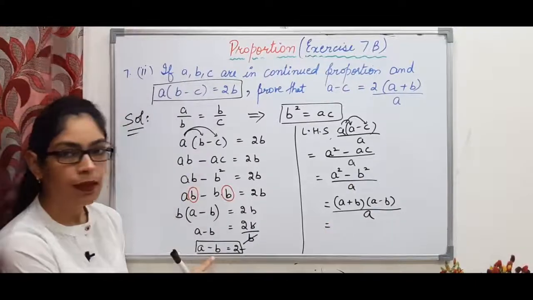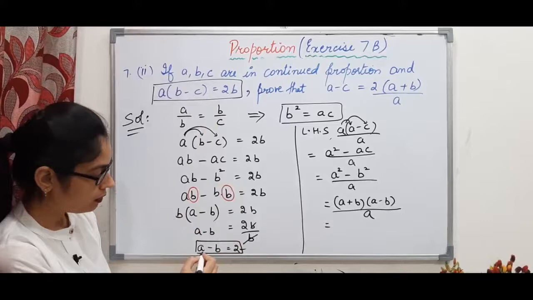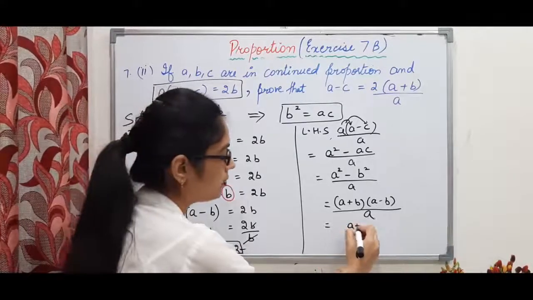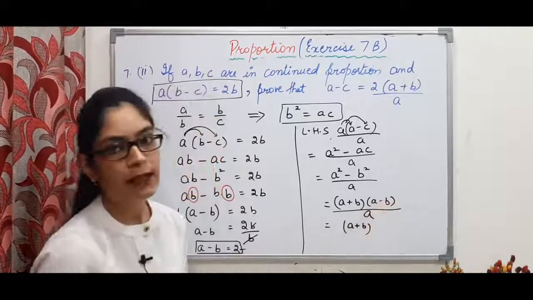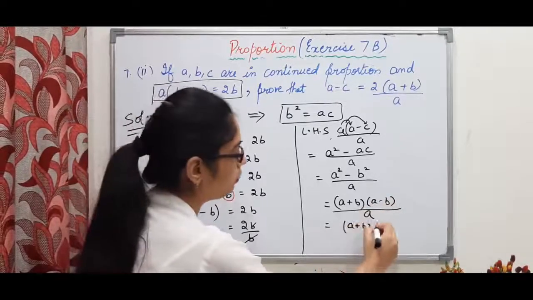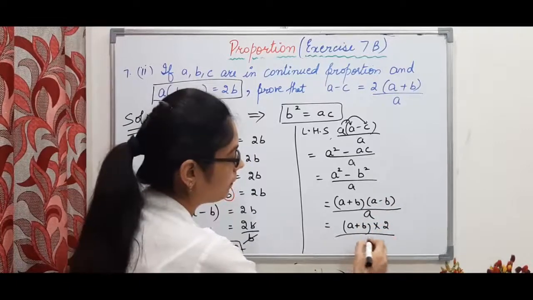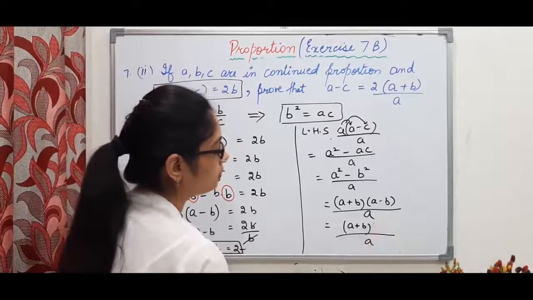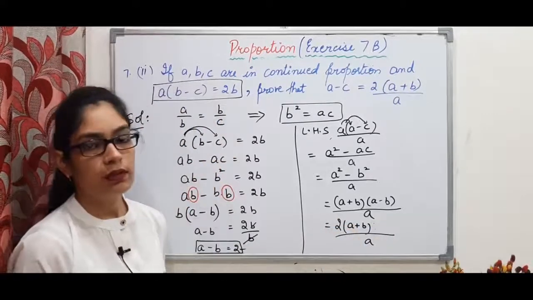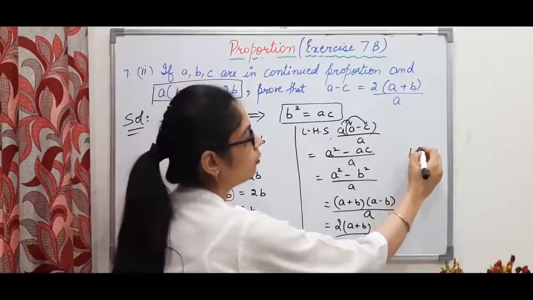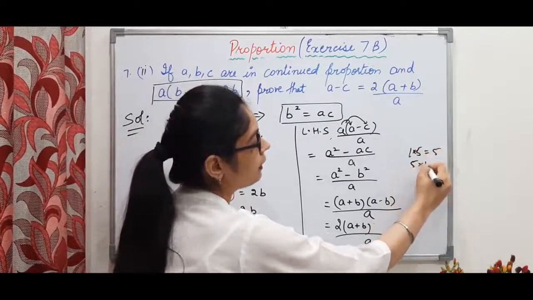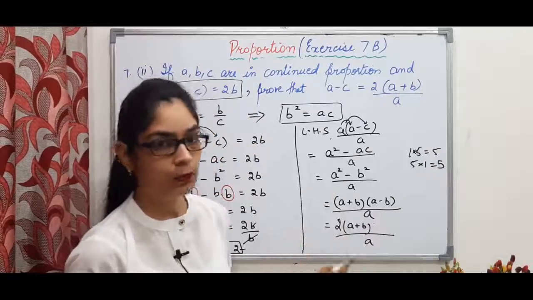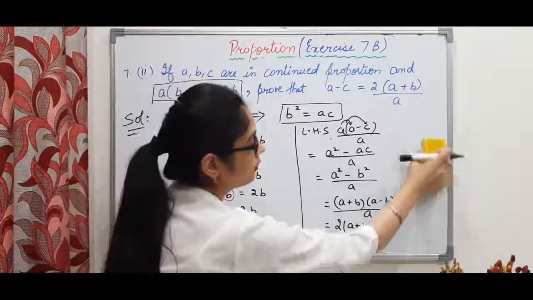Now from the given part, when I solved it, I got the value of a minus b equal to 2. So a plus b as it is we can write, multiplied by a minus b, which is equal to 2, by a. Multiplication is commutative, so we can interchange the positions and get the same number.